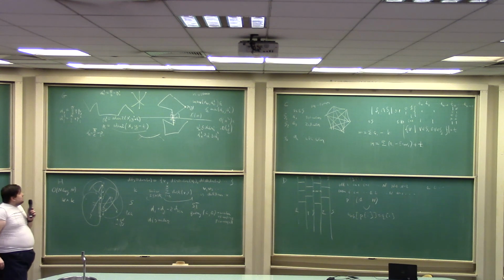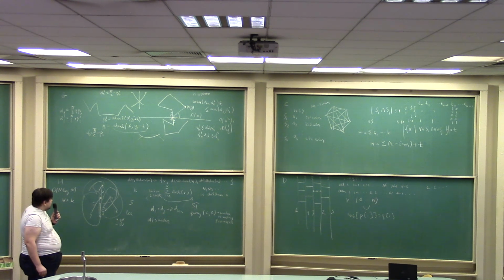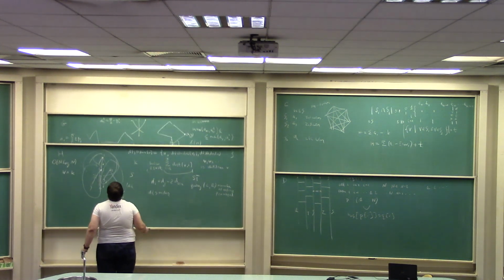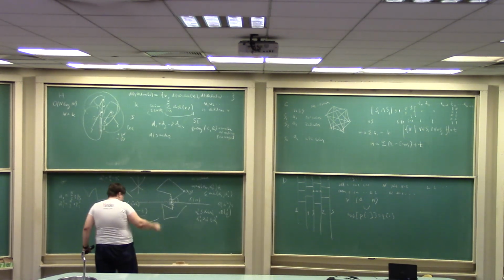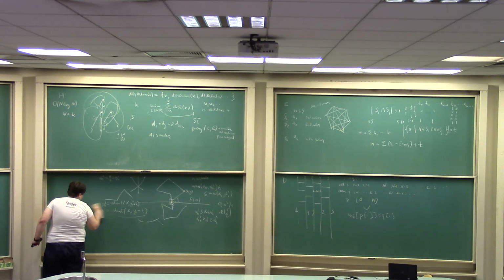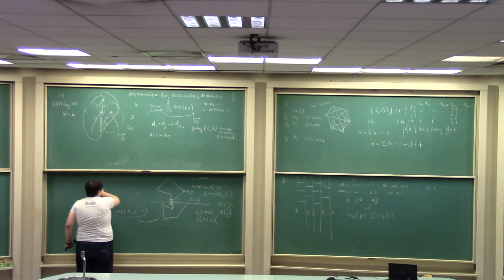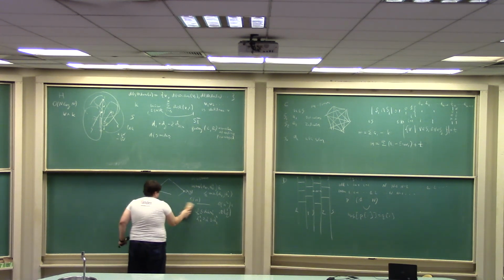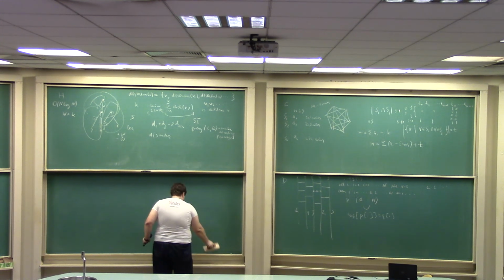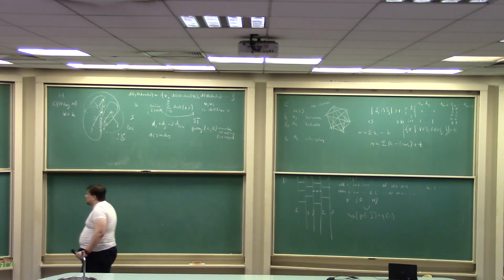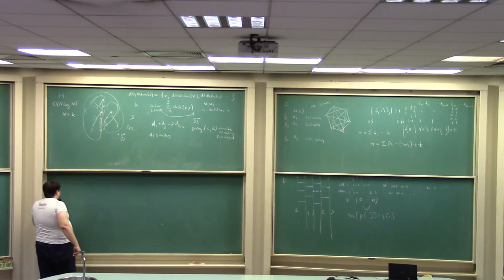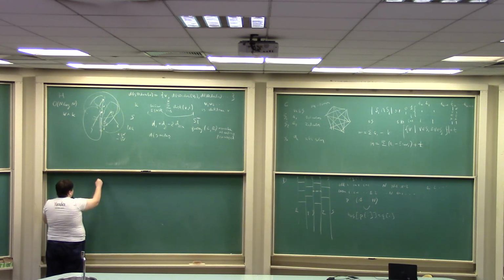So, based on this problem, let us talk about the algorithm of finding the least common ancestor. Suppose we have a rooted tree.